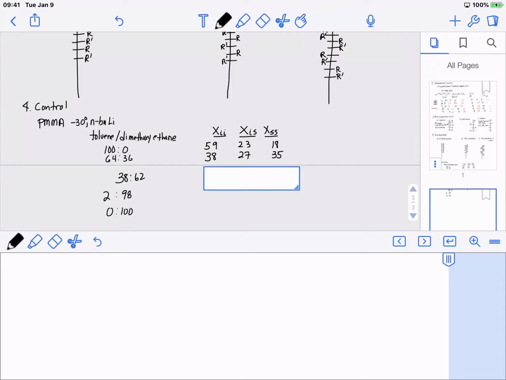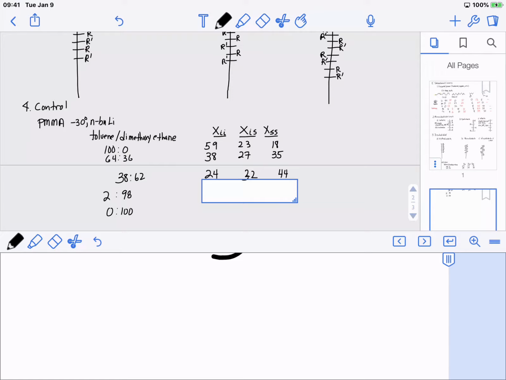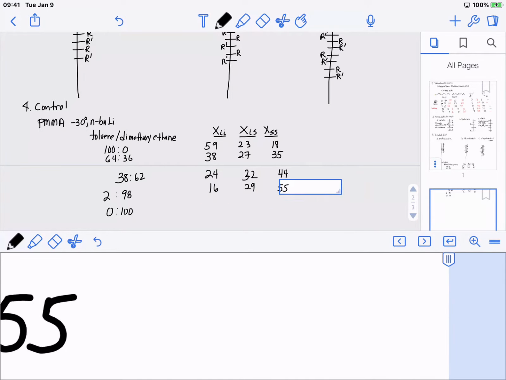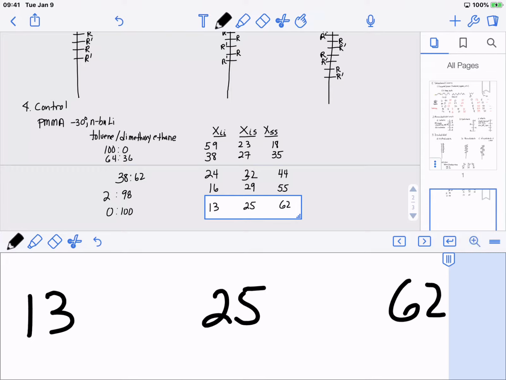Ooh, sorry: 24, 32, 44. 2% toluene: 16, 29, 55. And 13, 25, 62.